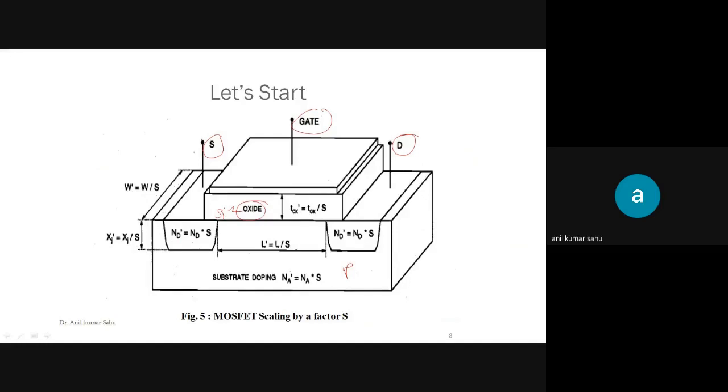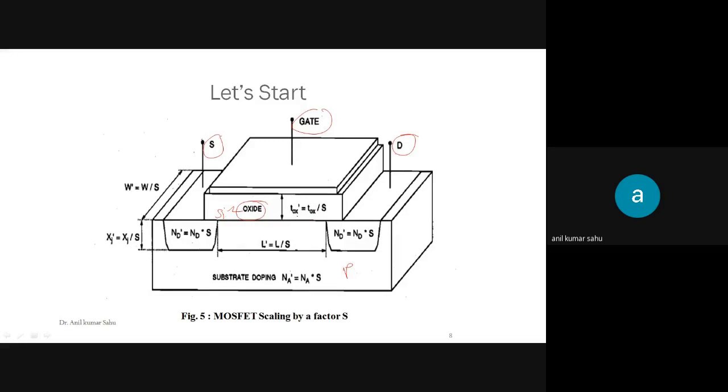Now, how can a MOSFET be scaled by the factor S? If you want to scale the MOSFET by the factor of S, we have to change the parameters. Which parameter? Oxide thickness. Suppose the initial oxide thickness is tOX.